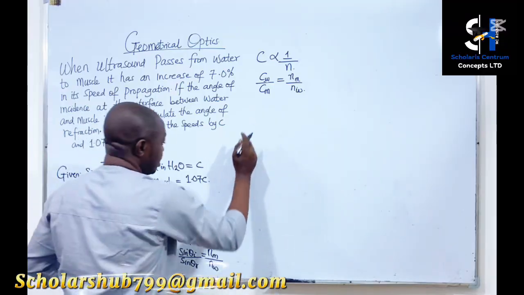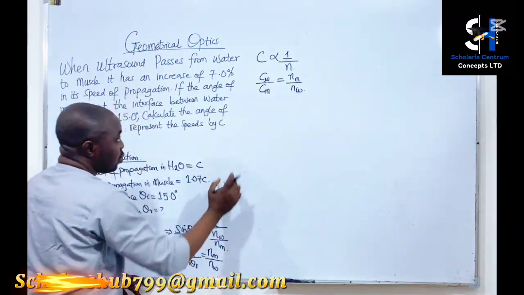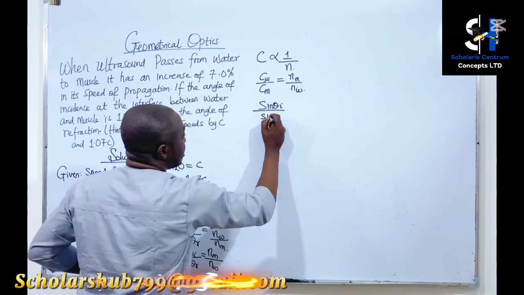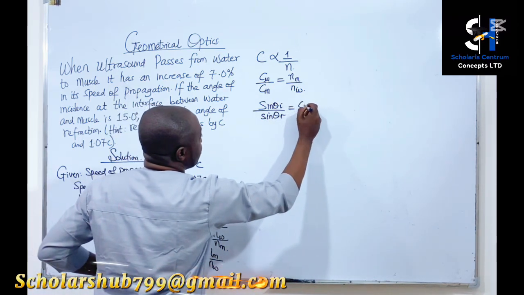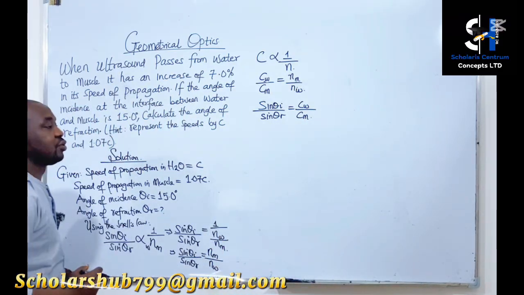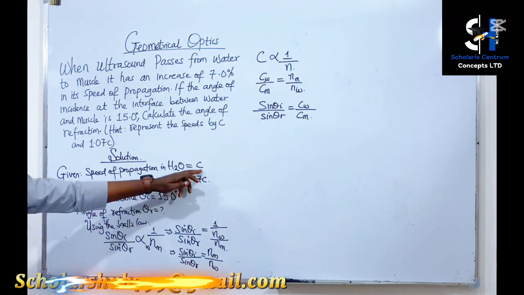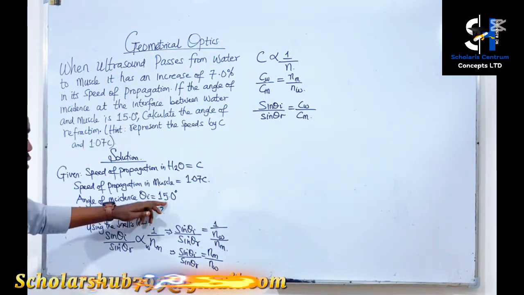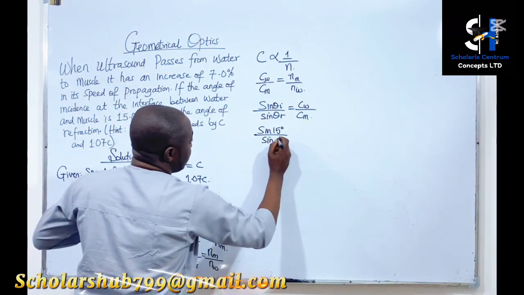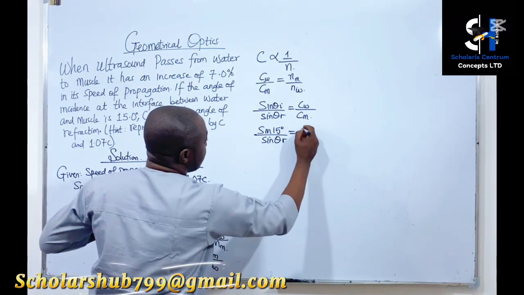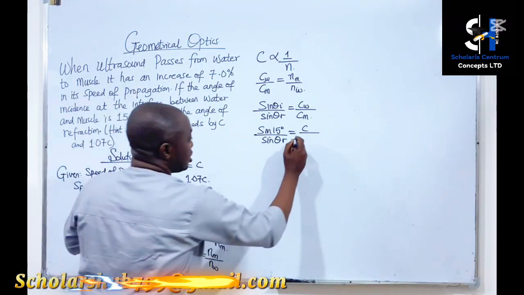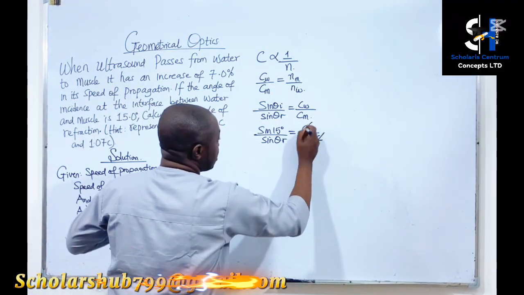So we replace this with this in the equation: sine of the angle of incidence divided by sine of the angle of refraction equals the speed in water over the speed in muscle. The speed in water is c and the angle of incidence is 15. So sine 15 degrees divided by sine of the angle of refraction equals c over 1.07 c. So c cancels c.